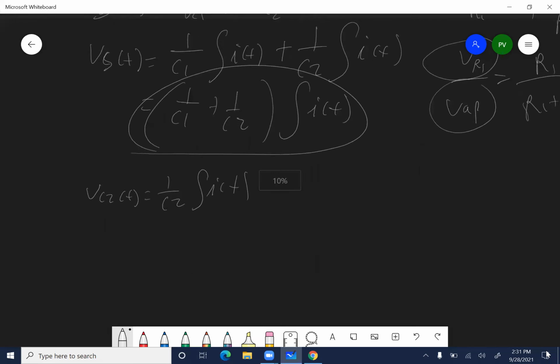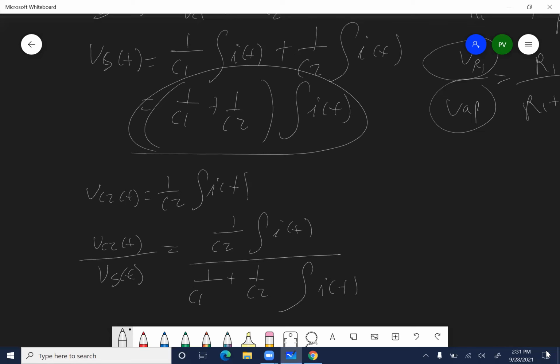So my ratio becomes VC2 of T, that's my V out, divided by my applied voltage, is equal to 1 over C2 integral of I of T all over 1 over C1 plus 1 over C2 times the integral of I of T. So I've got my ratio set up, and now we're going to just check voltage divider.